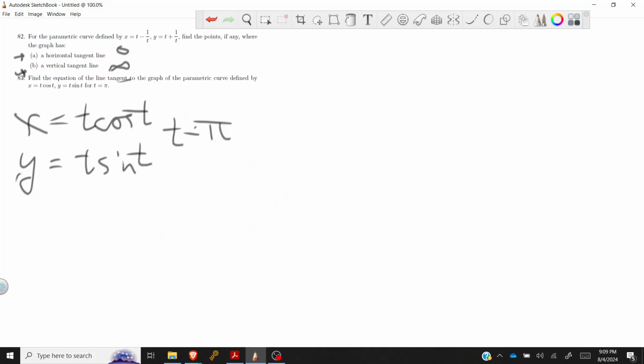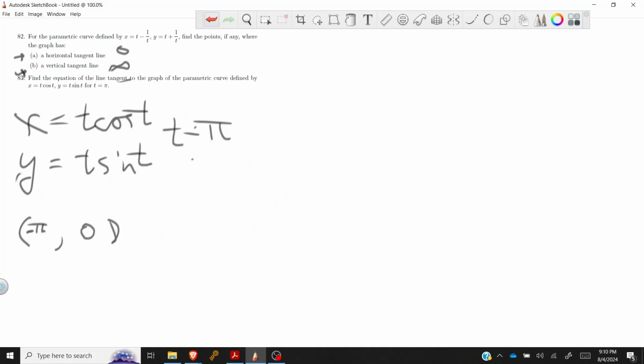So let's plug in pi into these to get our x and y coordinate at t equals pi. If we plug pi into this x equation, we're going to get pi times cosine of pi. Cosine of pi is equal to -1, so our x value is just -pi. t is pi, sine at pi is 0, so our y value is 0.